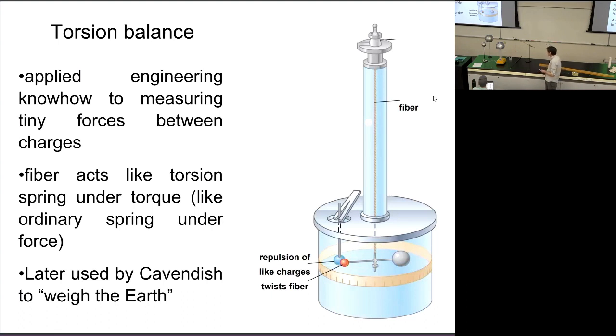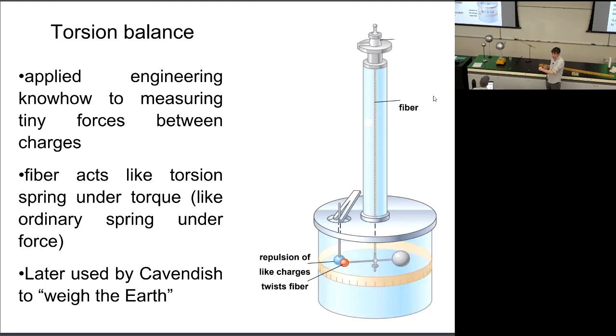The way it works is that the torsion balance involves a long vertical fiber here. And in the use of the torsion balance, you twist the fiber. You turn the fiber. And that creates a kind of a restoring twist.